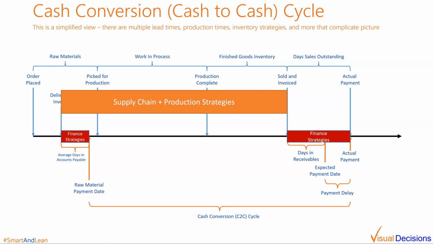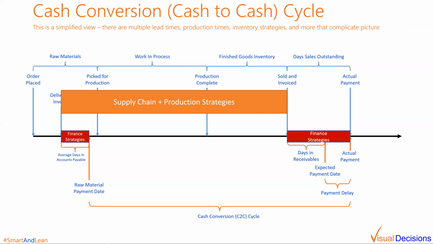Some things will go through multiple steps, multiple different facilities and so forth before they're finished with manufacturing. Some may have a simpler path. And then for the raw materials, those have different lead times from suppliers, different delivery schedules, different amounts of time that they spend in inventory and so forth. And so the reality of this picture is much more complex than just looking at the average time that raw materials spend in inventory, the average amount of time in production, the average amount of time in finished goods inventory and so forth.